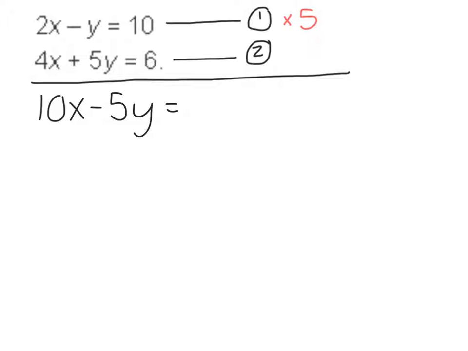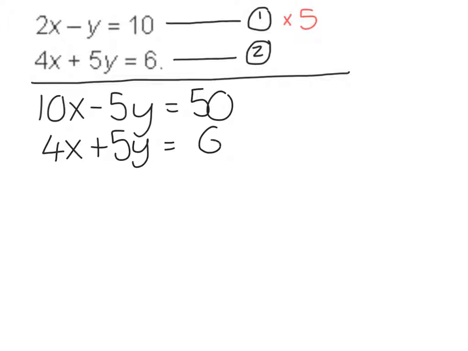And then equals, and then we have our 10. So if we multiply that by 5, we then get 50. The second equation remains unchanged. So that's 4x plus 5y equals 6.